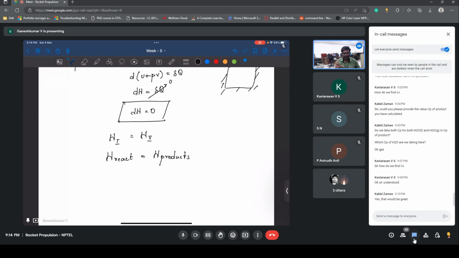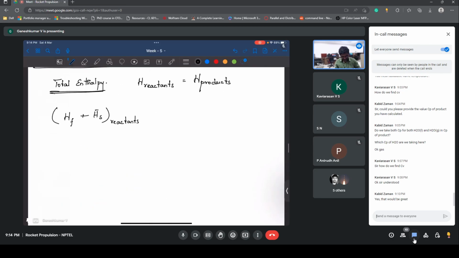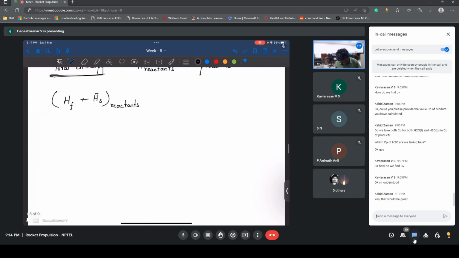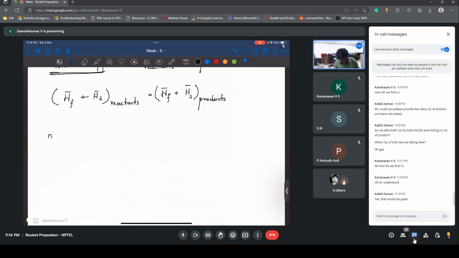We are dealing with sensible or formation not separately, but total energy. So that it simplifies our concept, because energy is neither created nor destroyed. I'm going to balance only the total energies. So if we go ahead with this, H of formation, all in per mole basis, and H of sensible of products. This is true, right? And what we know about H of formation: N of C12H26, HF of C12H26 plus N of O2, H of O2, right?